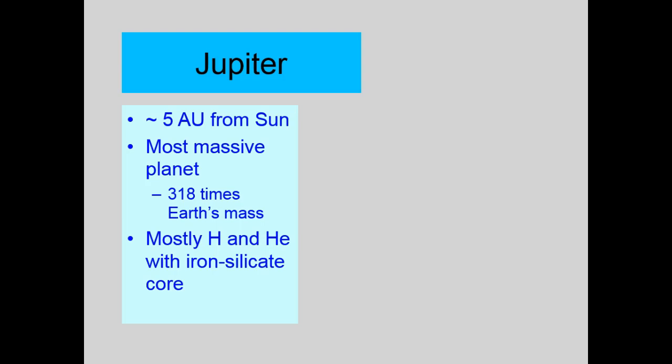It is huge. And yet it's mostly gas, hydrogen and helium. But it does have a core, an iron silicate core, which is probably not far from being the composition of Earth. So the core of Jupiter is a lot like Earth in composition, anyway.